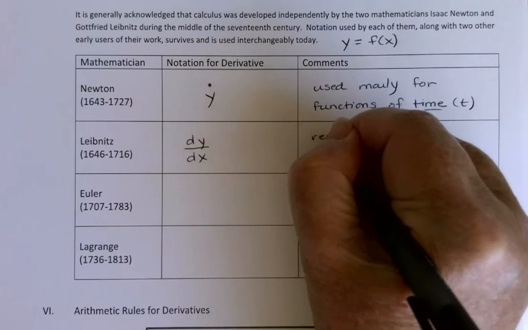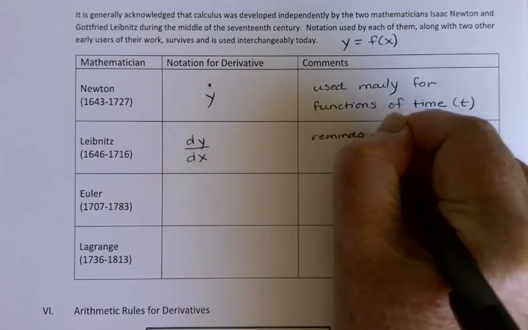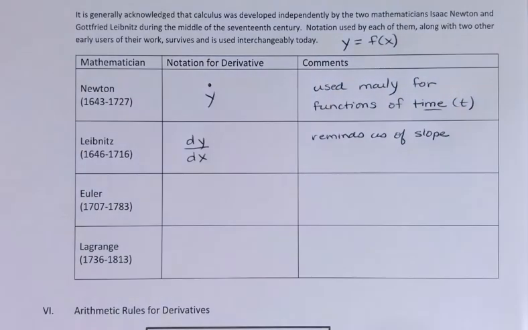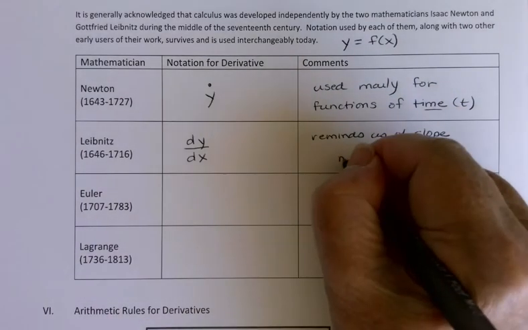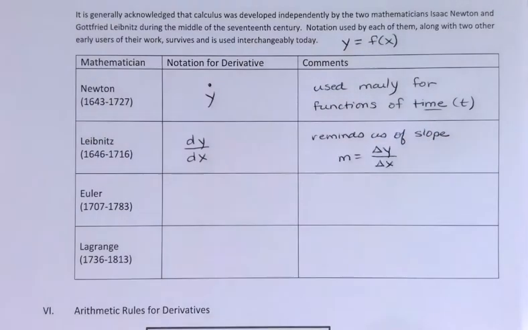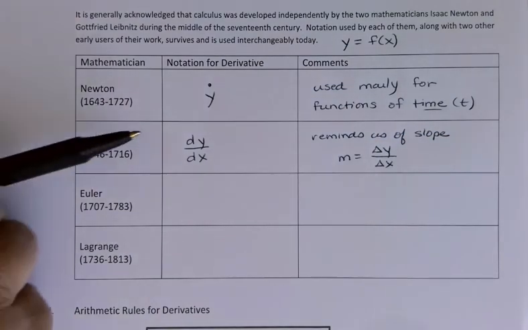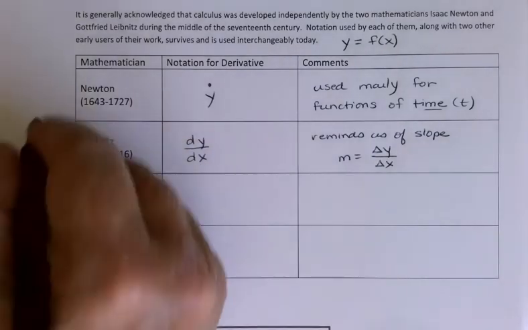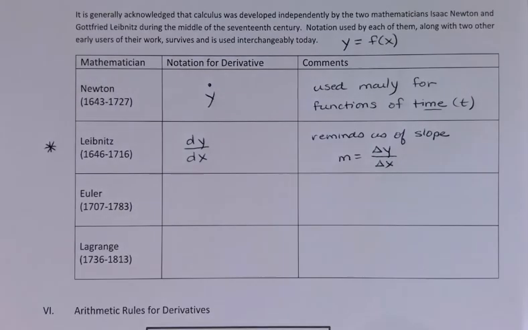So it kind of reminds us of the fact that the derivative really is just the slope of the tangent line, right? Slope was delta y, the change in y, over delta x, the change in x. And this is just the calculus for the derivative, dy dx, or the instantaneous slope, or slope of the tangent line. This one gets used a lot. We will definitely use Leibniz notation when we do derivatives.